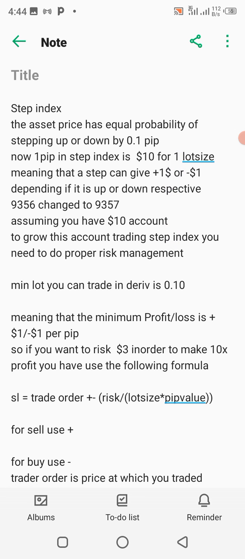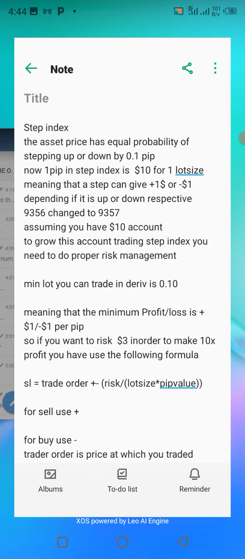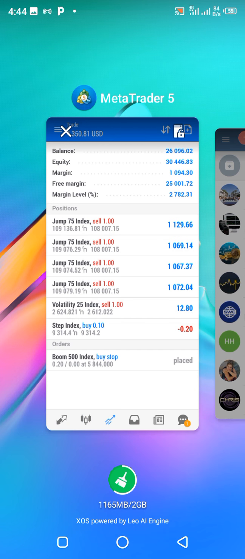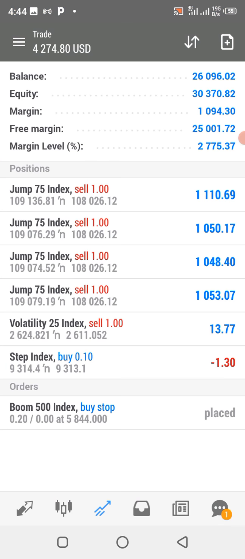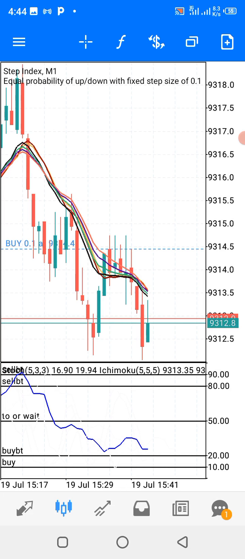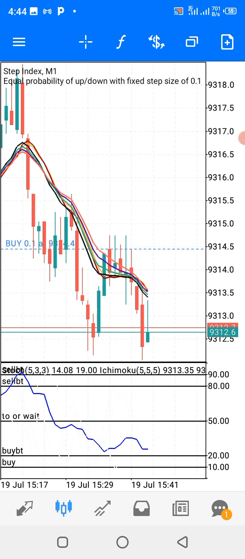So there are types of orders which I will show you in the MT5. If I go to MT5, you will notice that there are types of orders. Let me show you. Like this step index, 1 minute time frame.